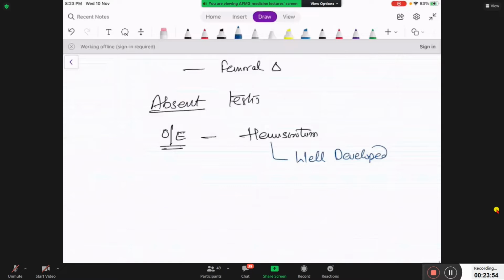So this is a very important clinical clue to differentiate ectopic testis from an undescended.